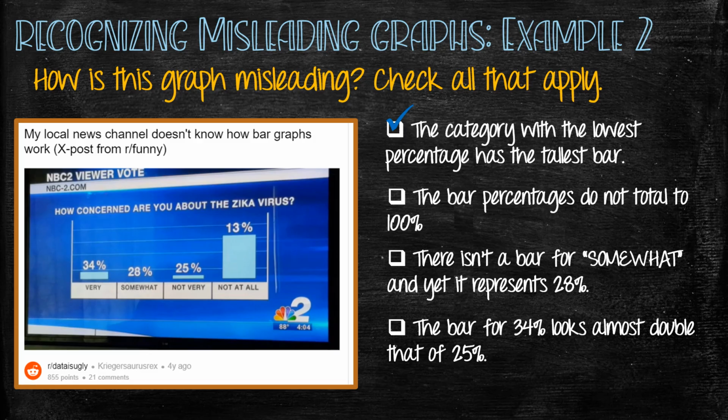Well, we would need to calculate those, add them up, see if it works. Must work. There isn't a bar for somewhat, and yet it represents 28%. How in the world? The bar for 34% looks almost double that of 25. And it's smaller than 13.